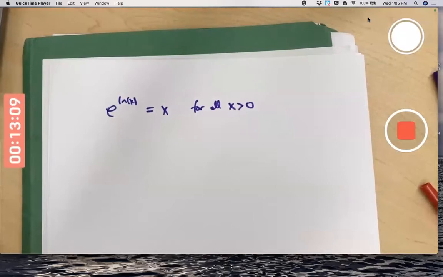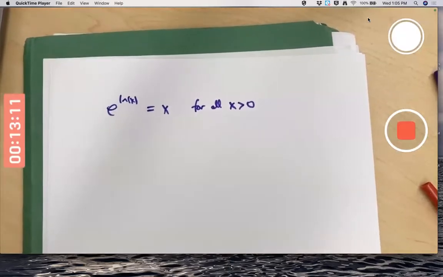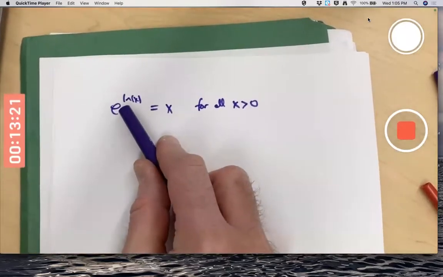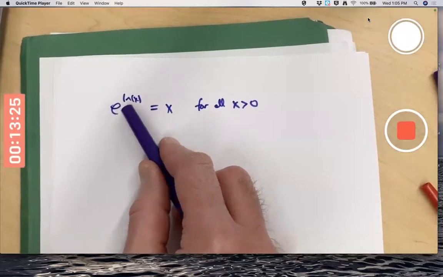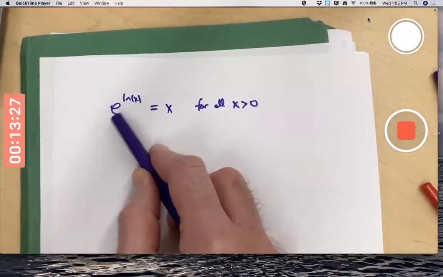And what we do is we make an assumption that technically we're not going to verify. We're going to assume the natural log is a nice differentiable function, that the derivative of natural log of x exists. And therefore, we can use the chain rule to differentiate this.